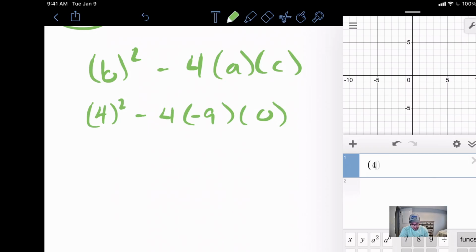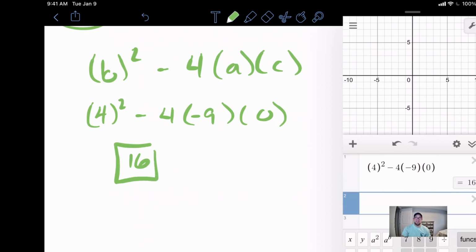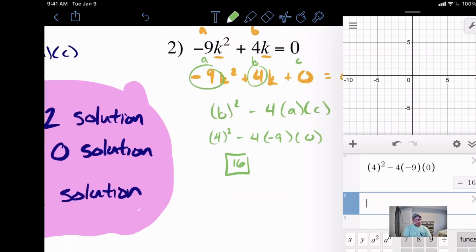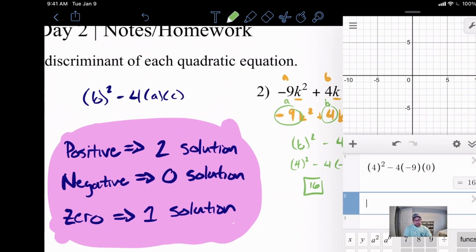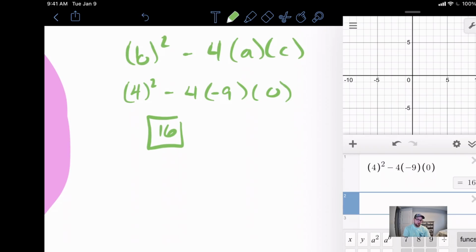But you're just going to type in 4 to the second power minus 4 parenthesis negative 9 parenthesis 0. And it looks like I get positive 16. So since our discriminant is positive, we go back to our list and ask, what does that mean? If our discriminant is positive, it means that we are going to have 2 solutions. So that's what we want to write here. So, 2 solutions.